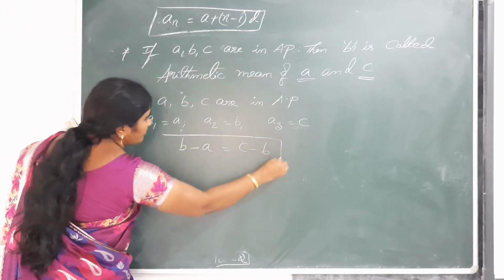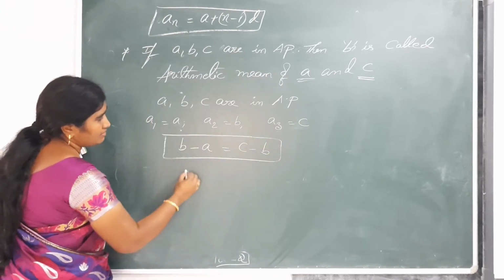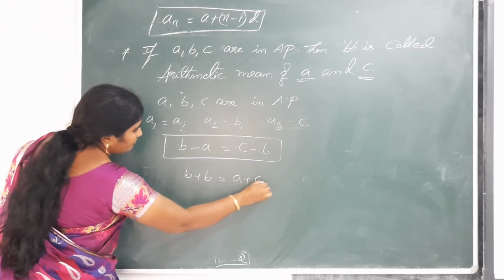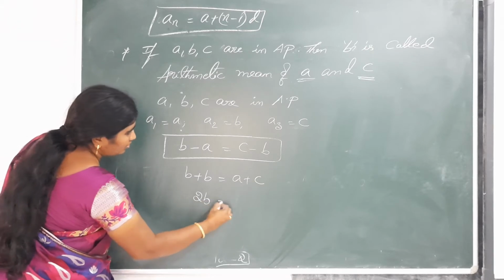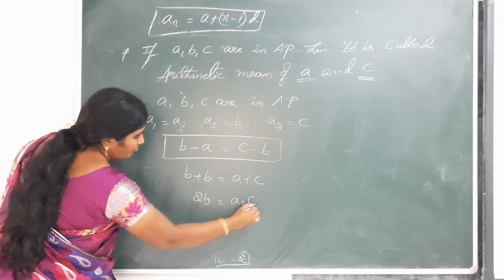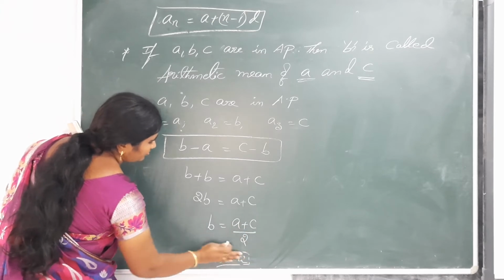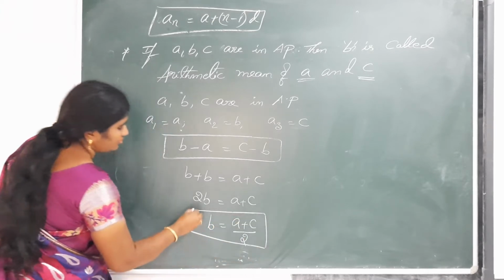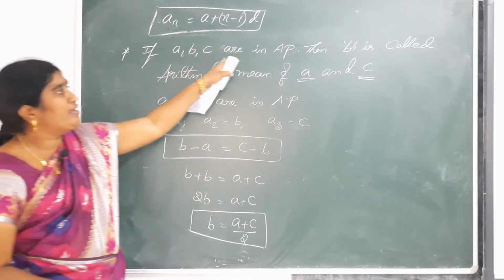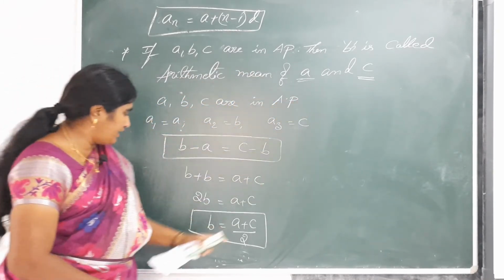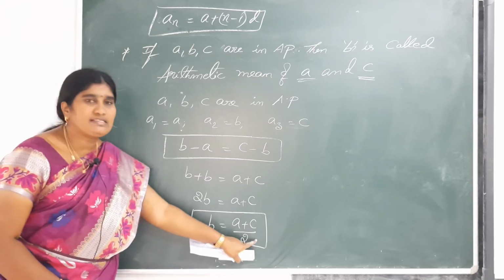Then b plus b equals a plus c, so 2b equals a plus c, b equals (a plus c) by 2. If a, b, c are in AP, then b is called the arithmetic mean of a and c, and b equals (a plus c) by 2.